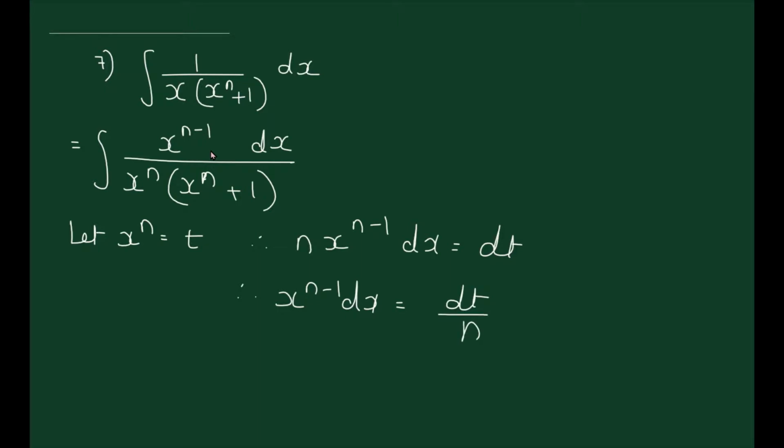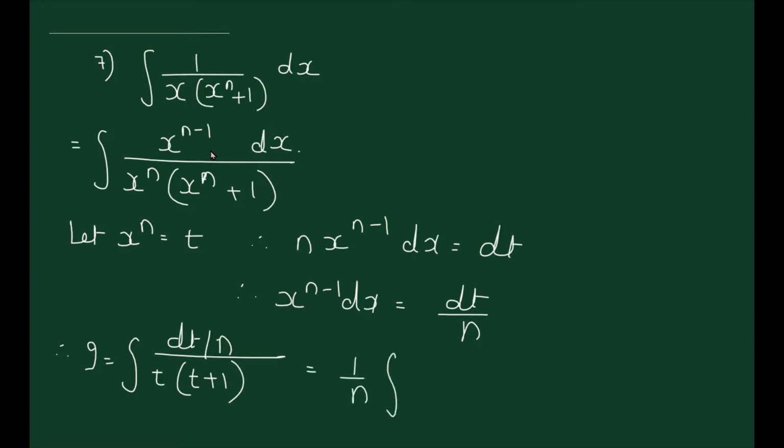So the numerator becomes x raised to n minus 1 dx, and that becomes dt upon n. Therefore our integral now becomes dt upon n, the whole upon t into t plus 1, which becomes 1 upon n the integral of dt upon t into t plus 1.